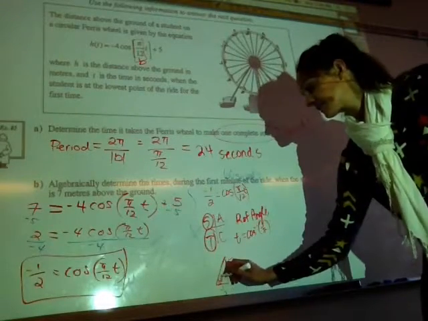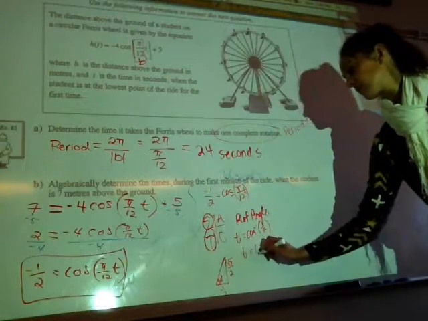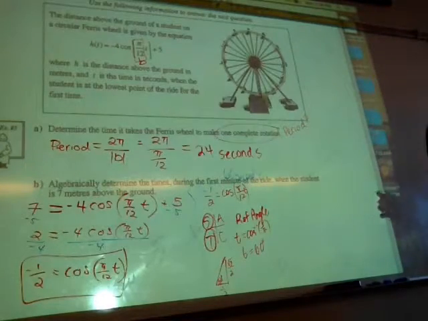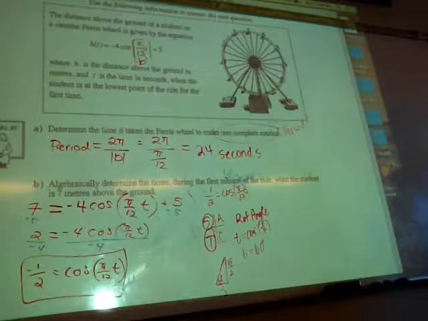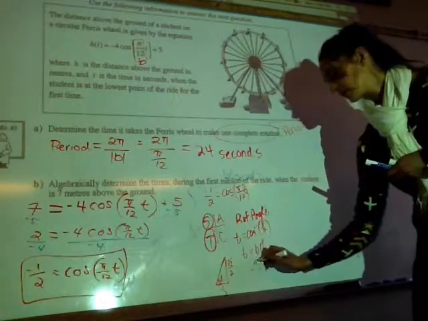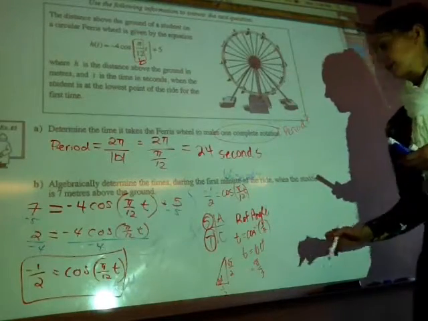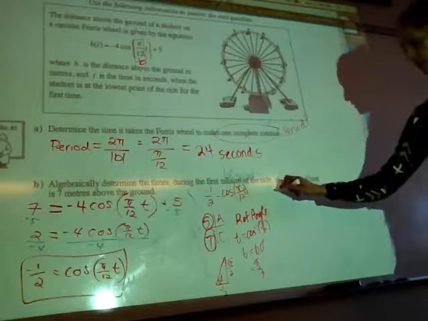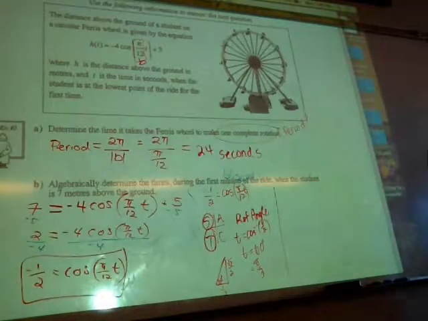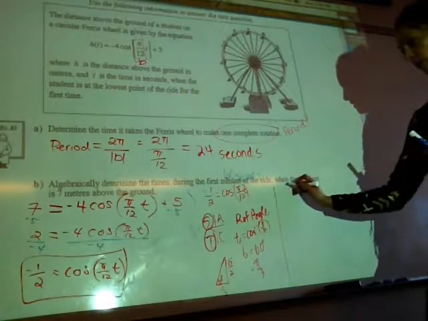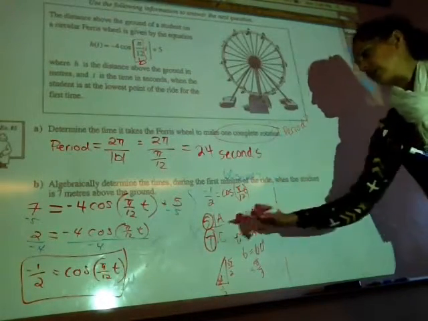You should get 60 degrees. So our reference angle is 60 degrees, and in radians, pi over 3. Now let's apply that solution in quadrants 2 and 3.